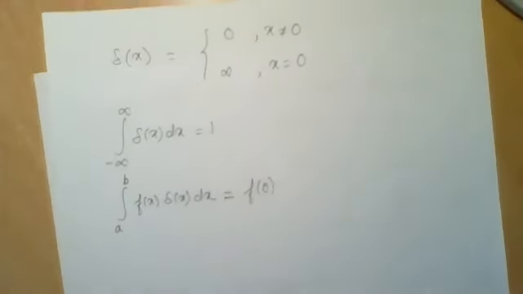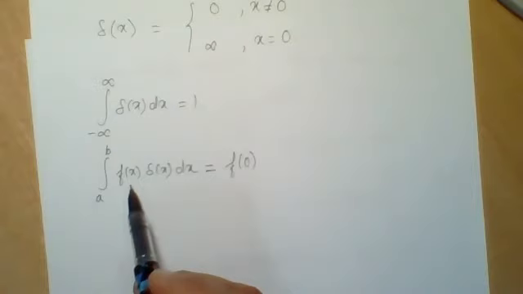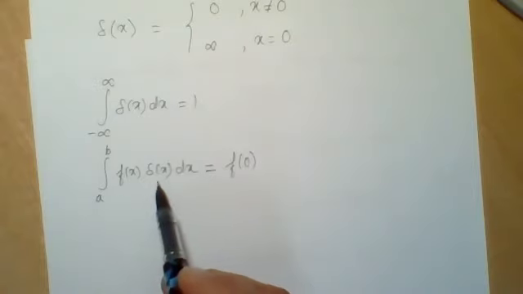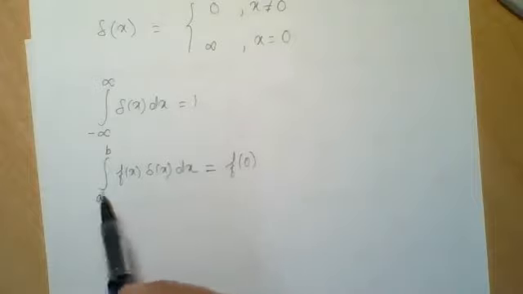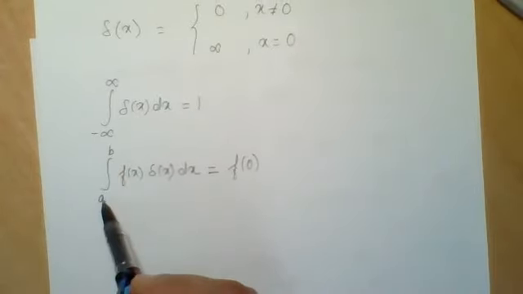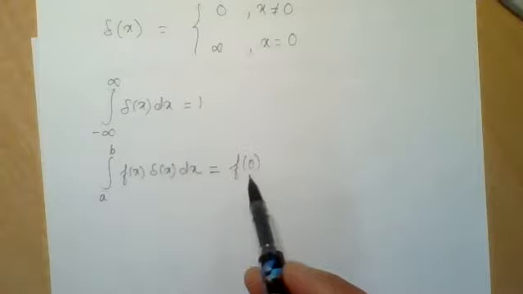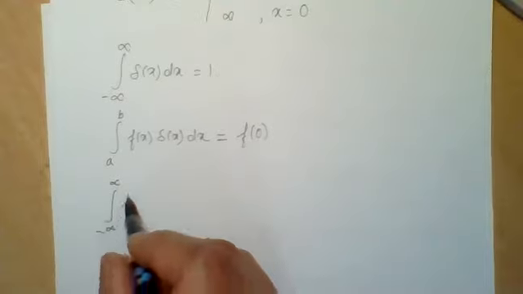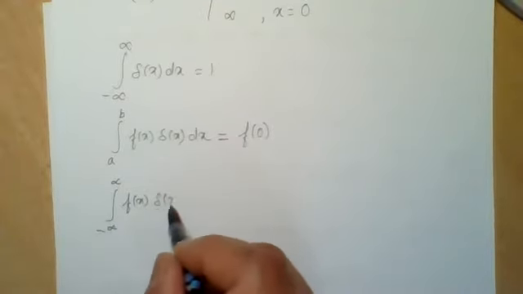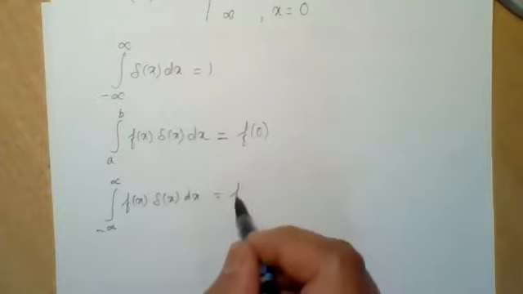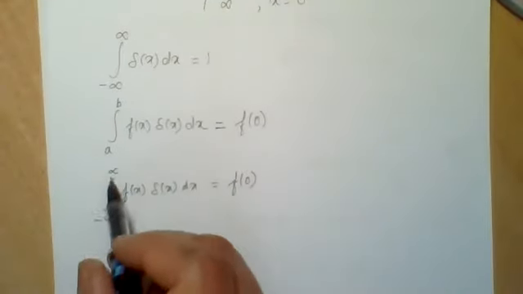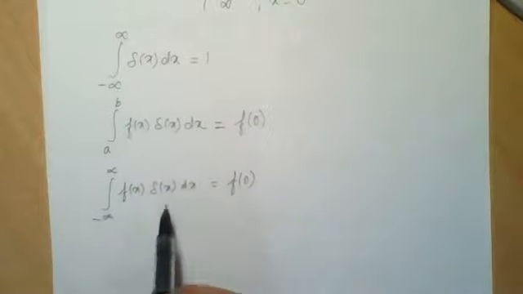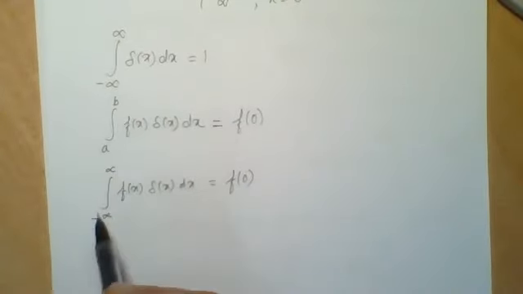We have learned that integration f x delta x dx is equal to f of 0 when a and b, this interval, contains the origin. This a and b can also be replaced by minus infinity to plus infinity. F of x delta x dx is equal to f of 0, because the interval minus infinity to plus infinity contains the origin.